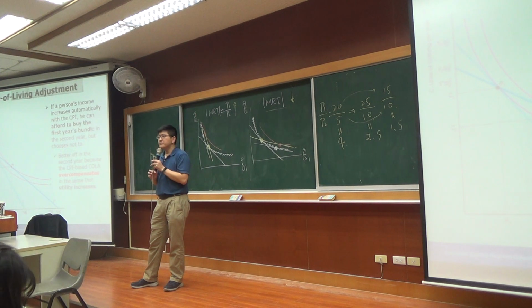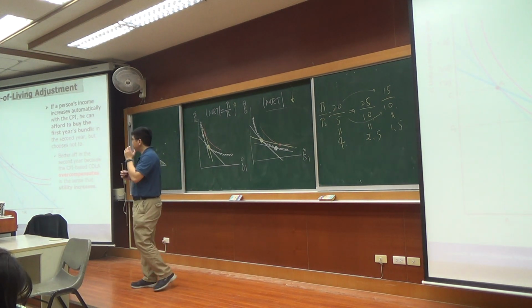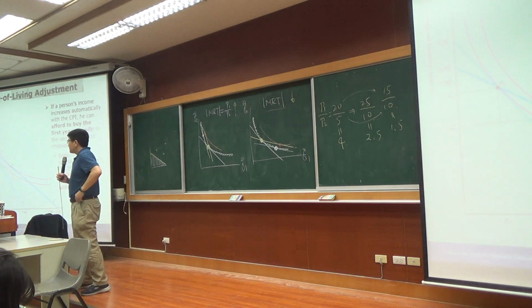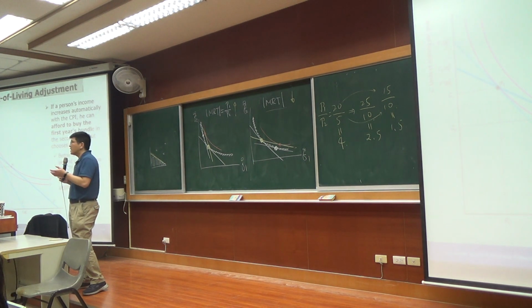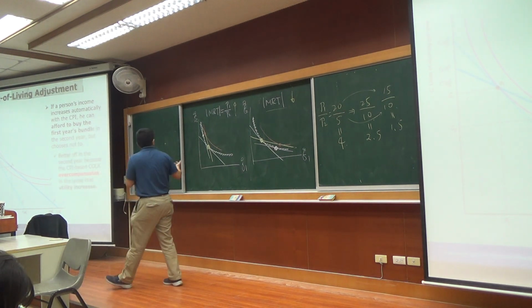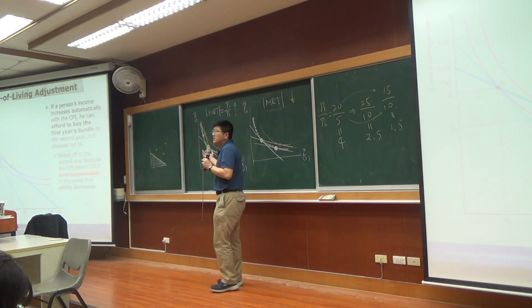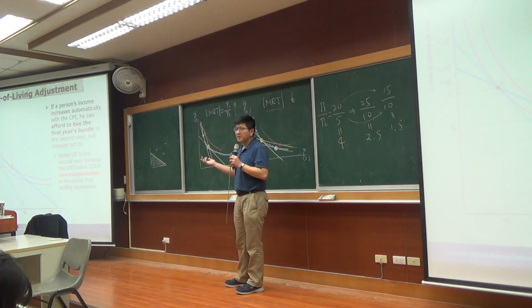Do you understand what I'm talking about? The indifference curve is a theoretical thing that is hard to measure, it's impossible to measure, and I cannot capture the exact shape. I know you like Q1, I know you like Q2, I know the more the better, I know these properties.